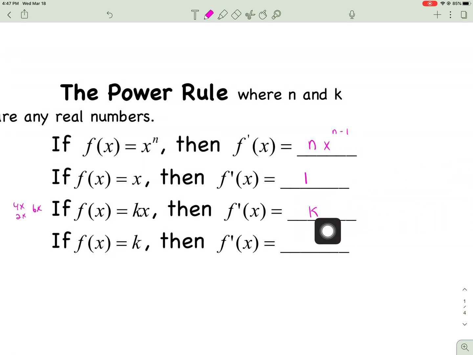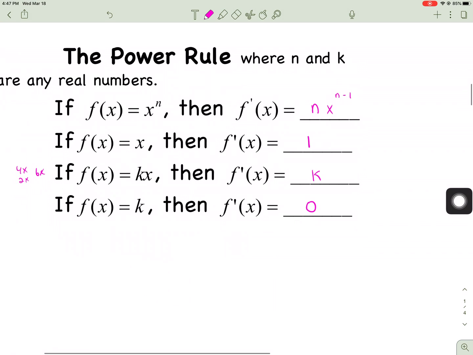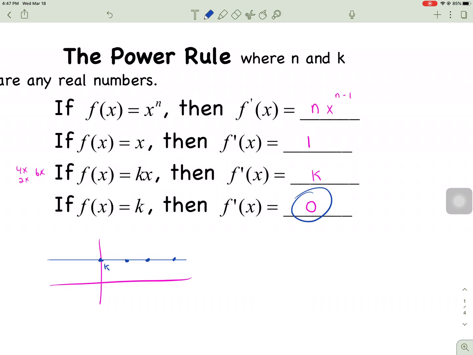So it's just whatever value k is out front. And if you have a constant function k, then the derivative at any given point will be 0. That's because there is no exponent, there's nothing to decrease by 1. Plus, any function f of x equals k will just be a graph at some value, let's call it k. And what is the slope at any given point of this line? It's always going to be 0.